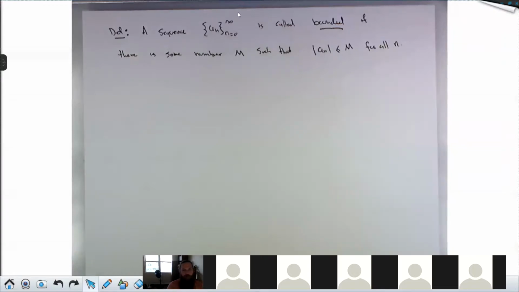So a sequence that doesn't run off to infinity is called bounded.